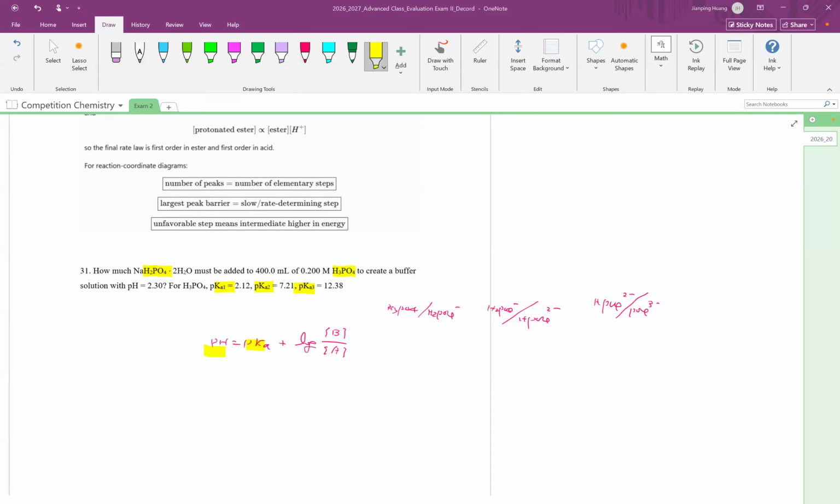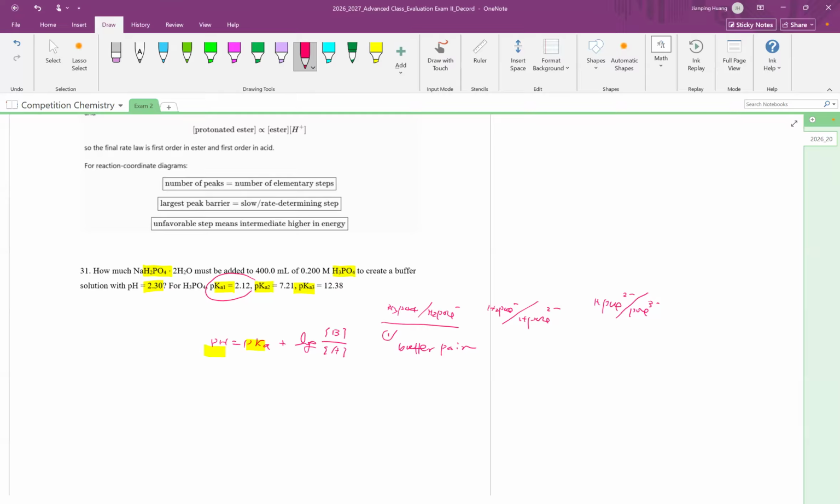In this case, because the pH equals 2.3, you should select this buffer pair. So that's why you need to choose the buffer pair. That's the first thing you need to do, okay?